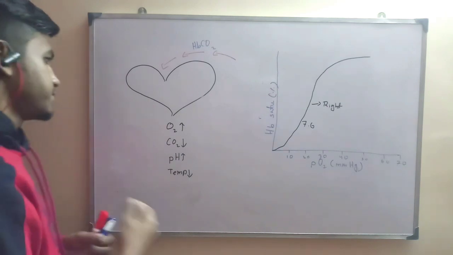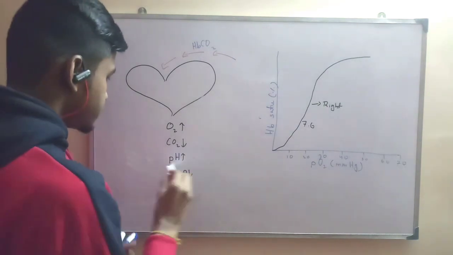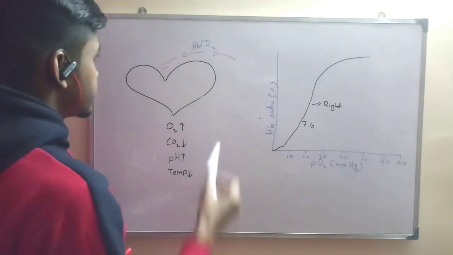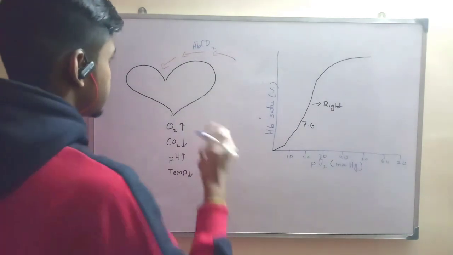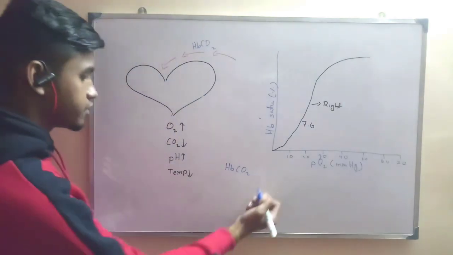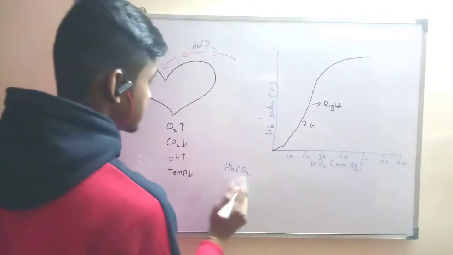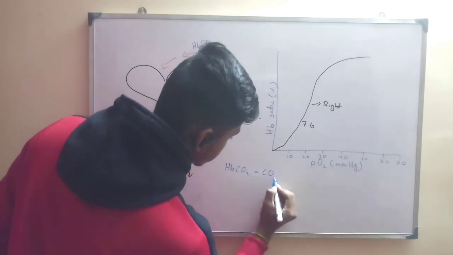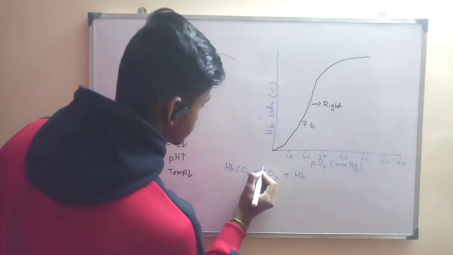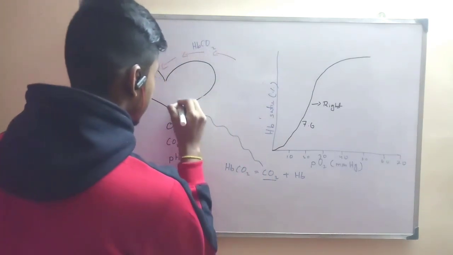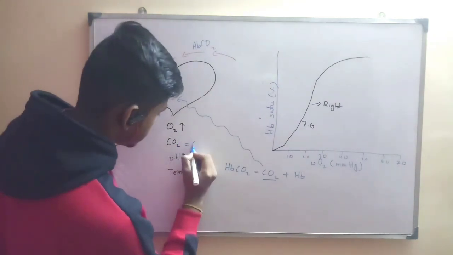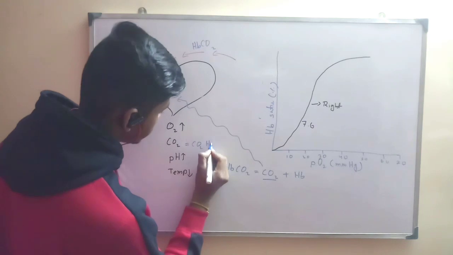And now what will happen? In this case the CO2 level is low, so the hemoglobin will dissociate the CO2. The hemoglobin will not be able to hold the CO2. It will liberate the CO2 and Hb, and the CO2 will enter into the heart to maintain the level of CO2, homeostasis.